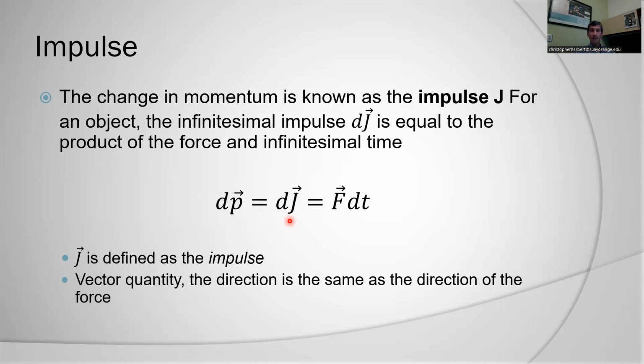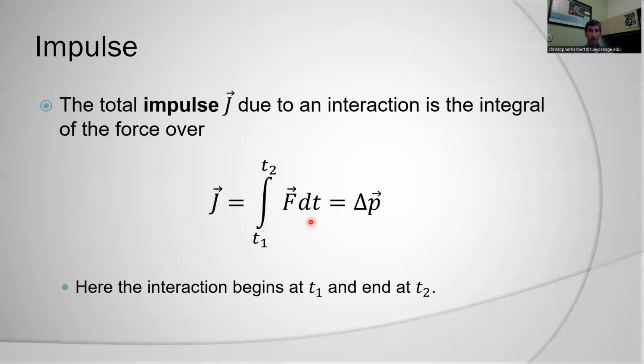We say that the infinitesimal change in momentum here is equal to the force applied. Obviously, the more force we put on something, the more it's going to change the momentum, times the infinitesimal time that's gone by.